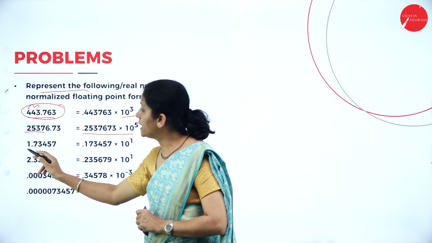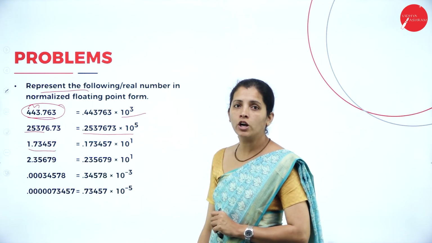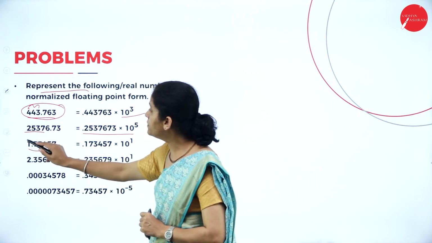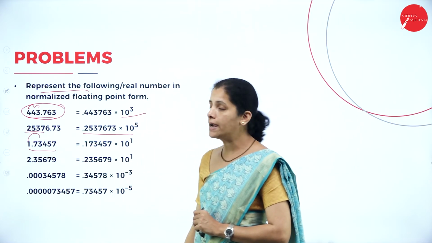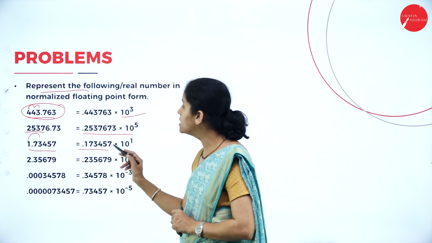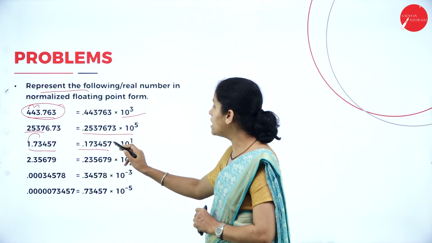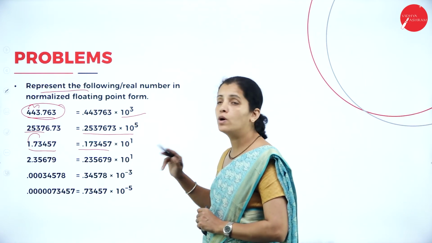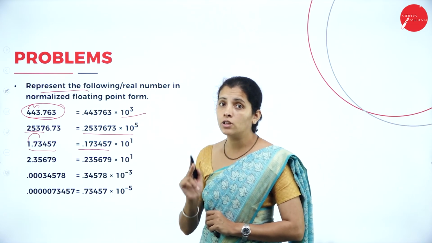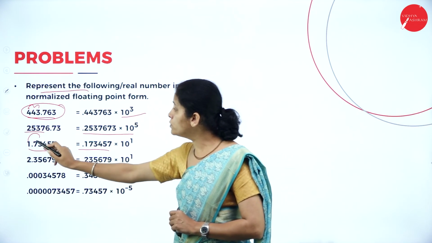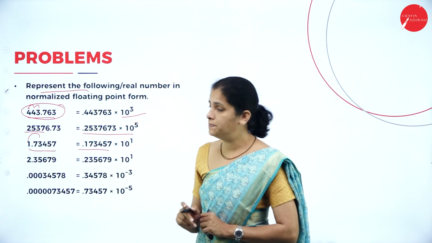To make it normalized number, what I'm going to do? I'm going to shift this number towards right. When I shift, it is 0.173457 into 10 to the power 1. Why it is 10 to the power 1? Because I'm going to shift only one bit.